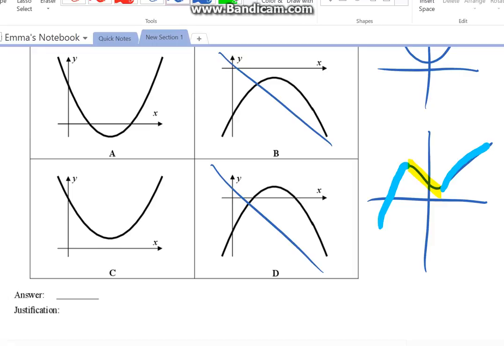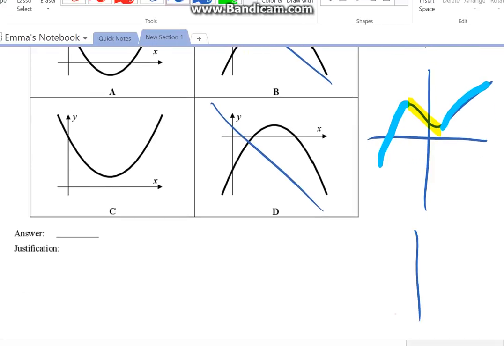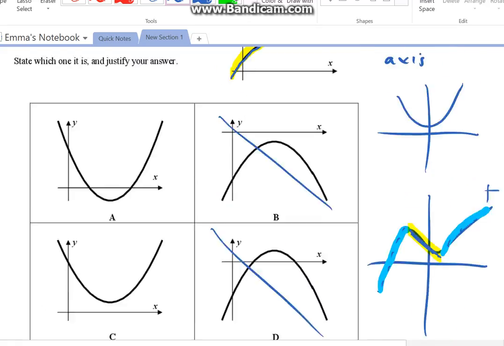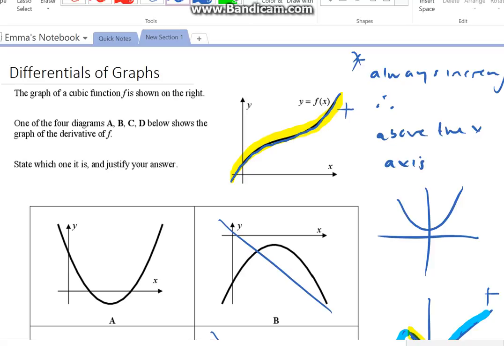If we have that on our quadratic graph, then where it's increasing, that means it's above the x-axis. For this part here, I'll put the lines through it. But this yellow part here decreases, therefore it has to go below the x-axis for that decrease. And then again it increases, so it comes back above the x-axis. This ended positive, therefore it was U-shaped. Hope that makes sense.